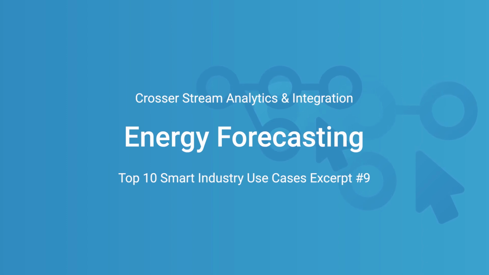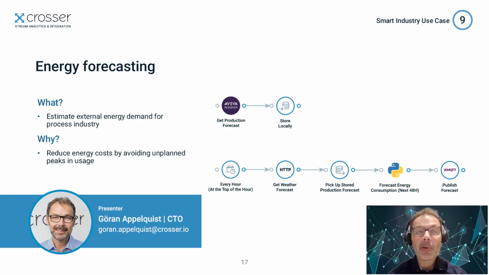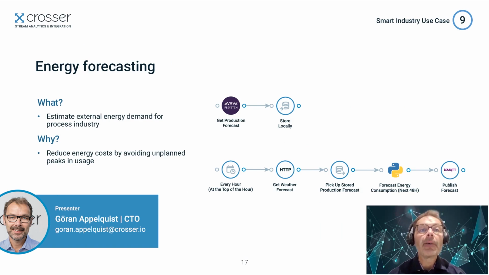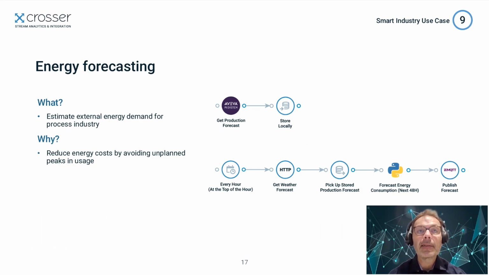Related to energy measurement is energy forecasting, and this is something that we see primarily among our process industry customers that typically consume a lot of energy. They use this as a way of reducing their cost, because using a lot of unplanned energy is much more costly than using a lot of planned energy.